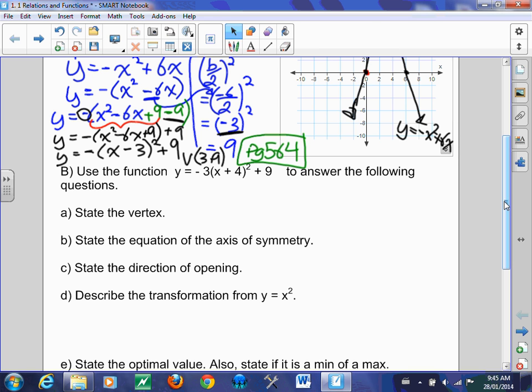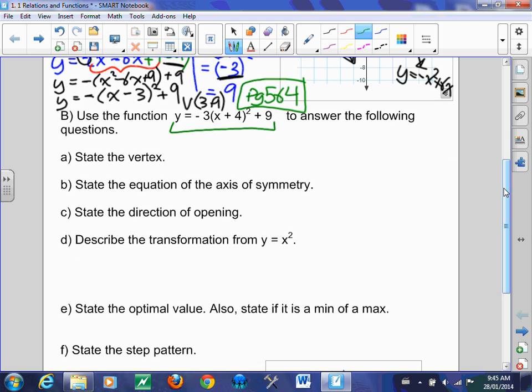So let's just test your understanding of vertex form. First of all, state the vertex. Just remember, it's the opposite of what you see in the brackets, so it should be negative 4 and 9. State the equation of the axis of symmetry.